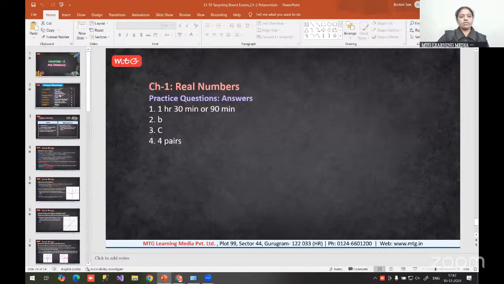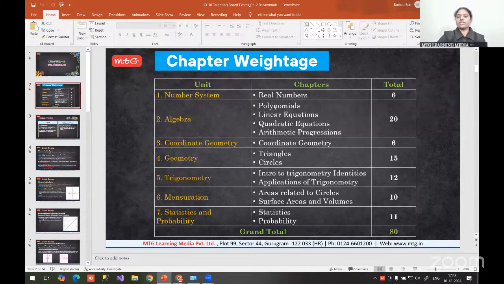At the very beginning, whoever wants to make a note, you can see it's linear equations followed by quadratic equations, then arithmetic. So the sequence is continuous, all the chapters up to chapter 2, 3, 4, and 5. The next one is linear equations, or you can even call it pair of linear equations. That will be studied in the next chapter on Friday.